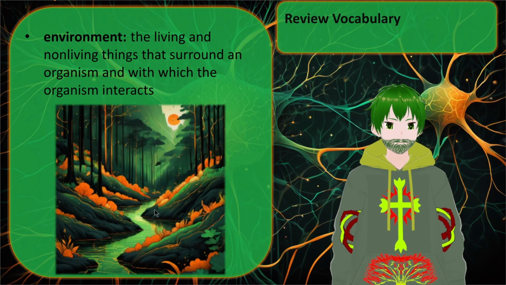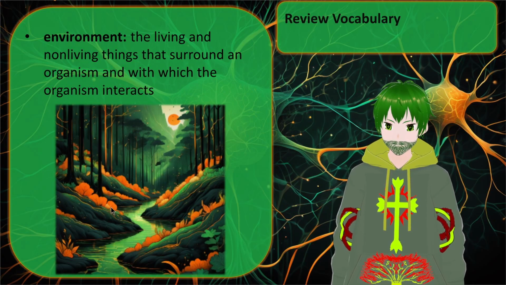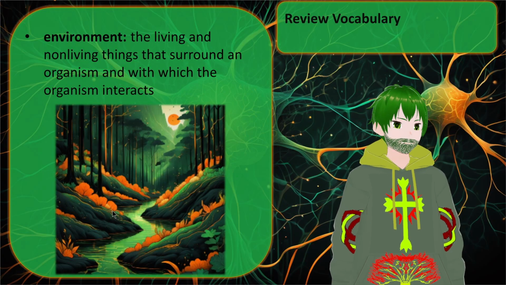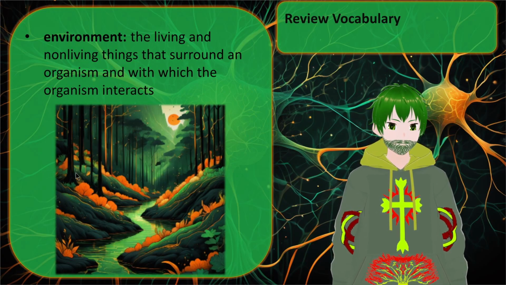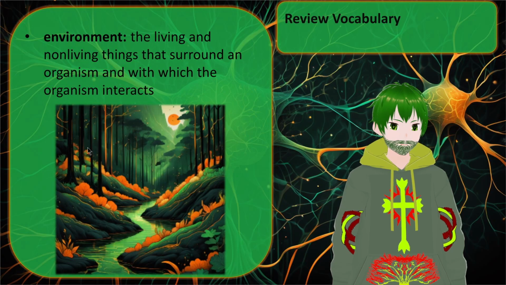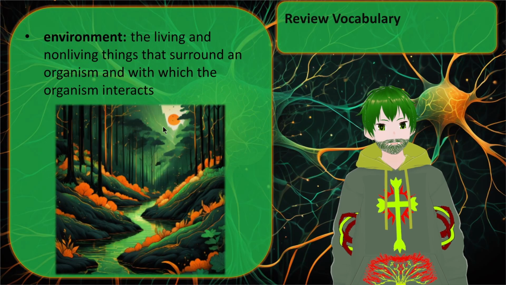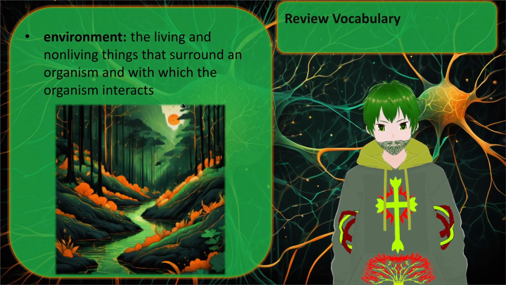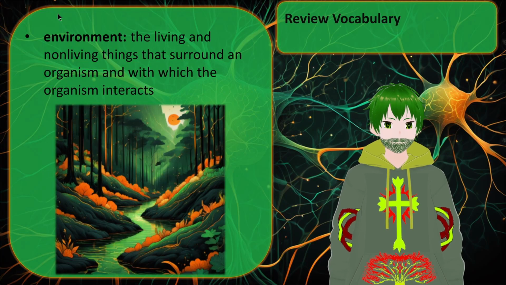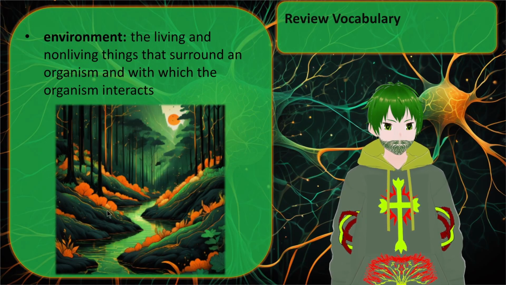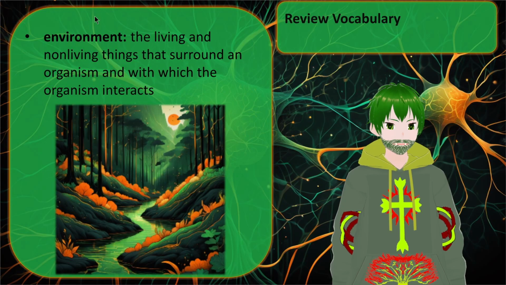So if we think of one of these shrubs as our organism, then it's going to be all of the trees and all of the grasses that are around it, and maybe animals that might be there too. Those are the living things that surround it. And then it would be the soil and the water and the sun, which would be the non-living things that surround it. All of those together are that little orange shrub's environment.